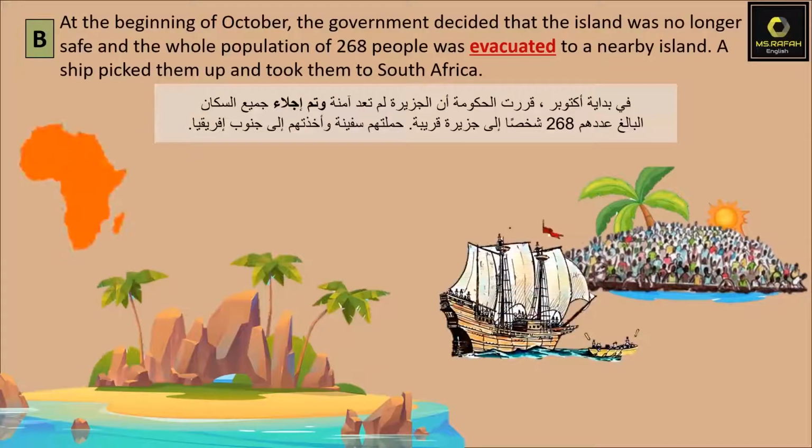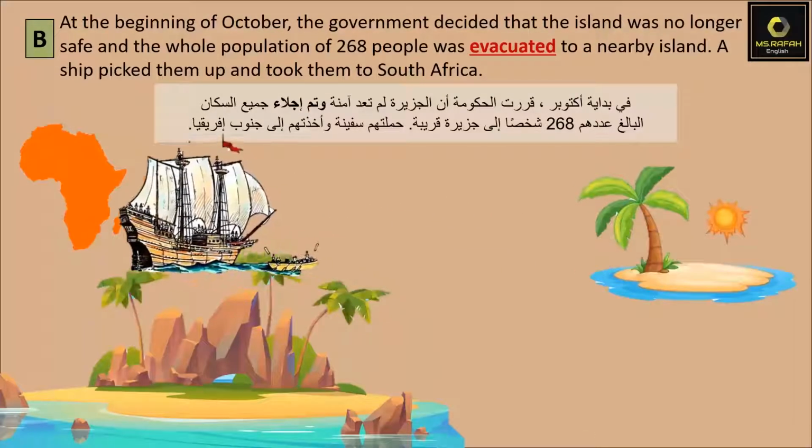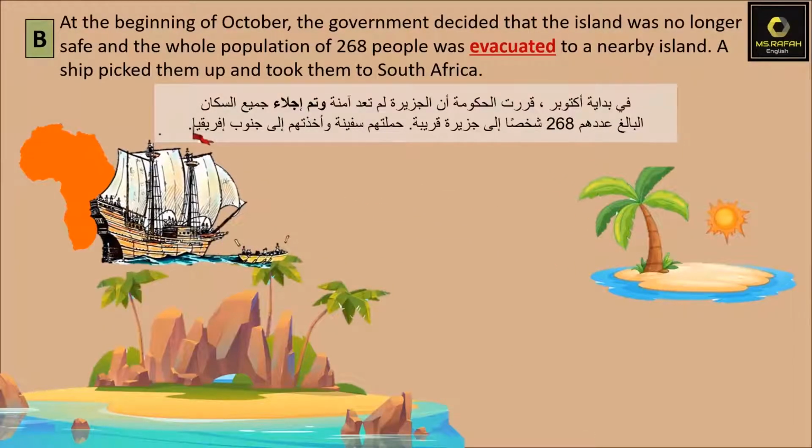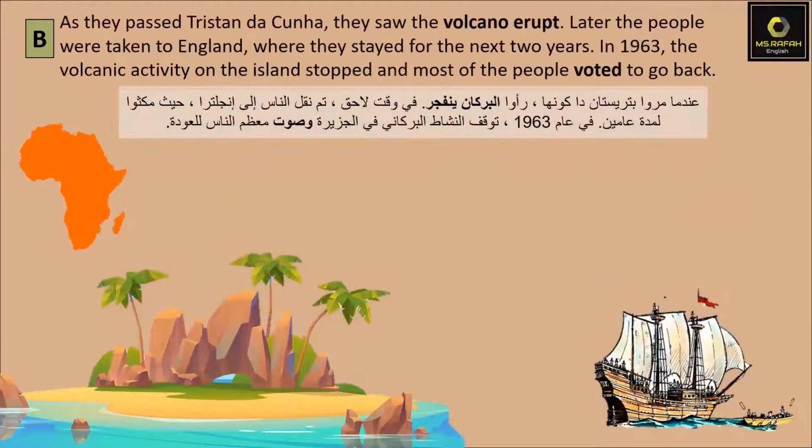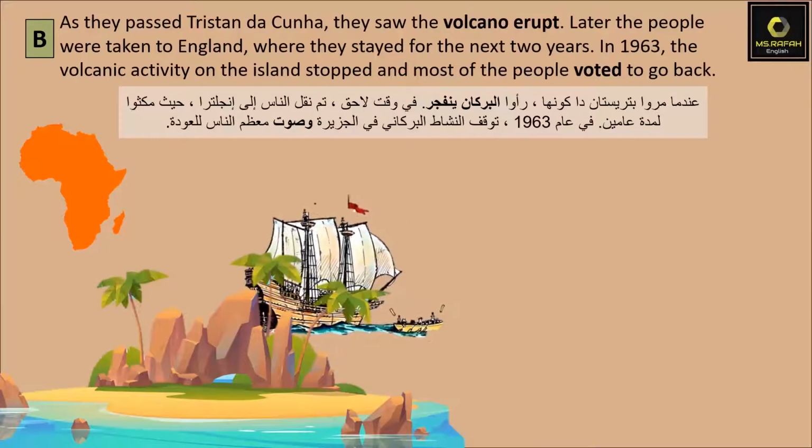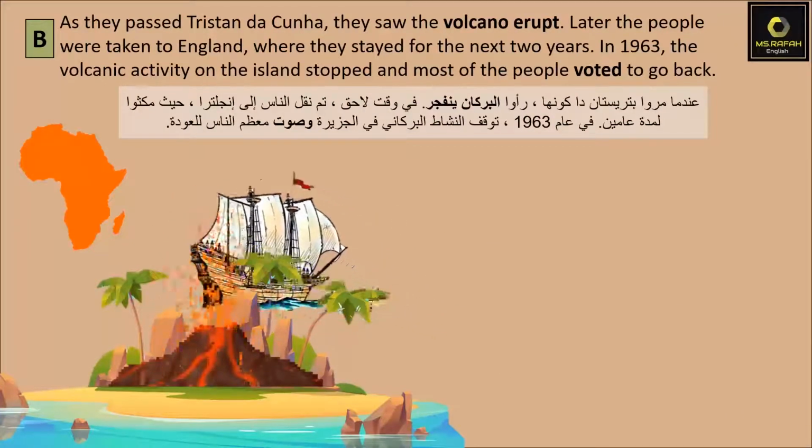A ship picked them up and took them to South Africa. As they passed Tristan da Cunha, they saw the volcano erupt.